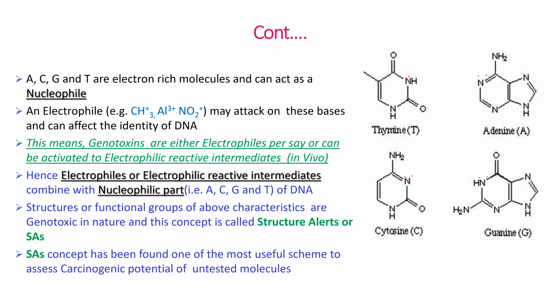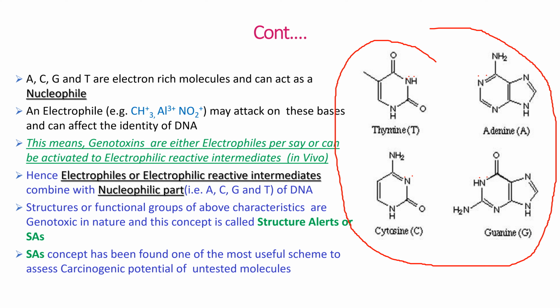These lone pairs of electrons make these bases a nucleophile, and hence an electrophile, that is any cation or molecule with cationic nature, may attack these bases and can affect the identity of DNA.